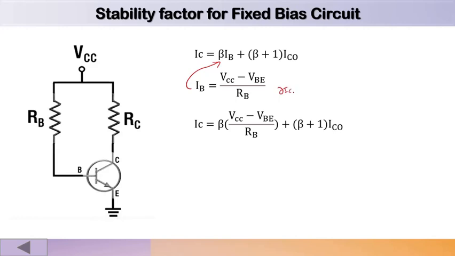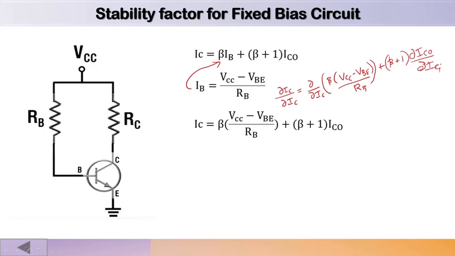Dou IC by dou IC equals dou by dou IC of beta into VCC minus VBE by RB plus beta plus 1 into dou ICO by dou IC.